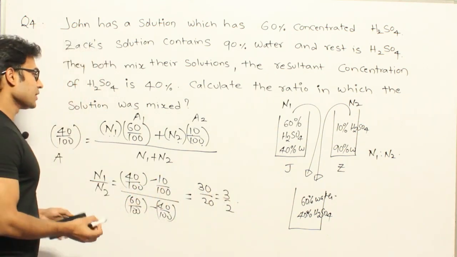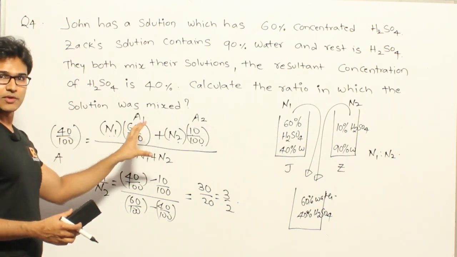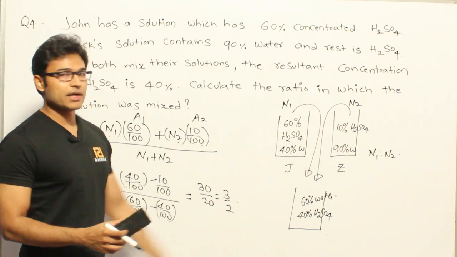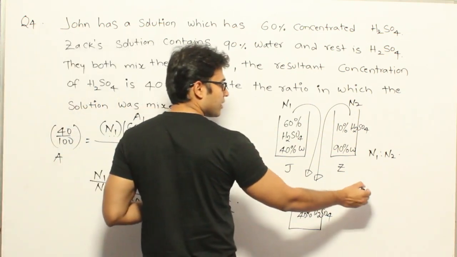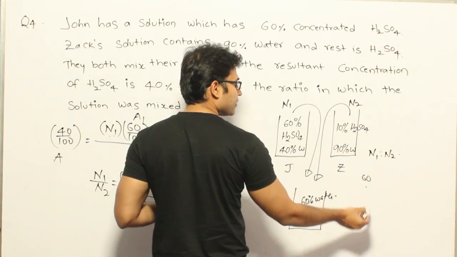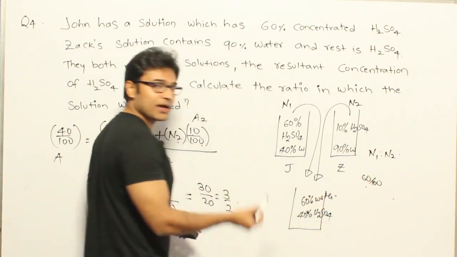This is one way of solving it, and the other way of solving it is, if you can see that this is the Allegation formula which we have seen earlier, then you could write it in the diagram form and do it. So how are you going to write the diagram form? Higher average here, 60 by 100, and then the overall, the final average here.